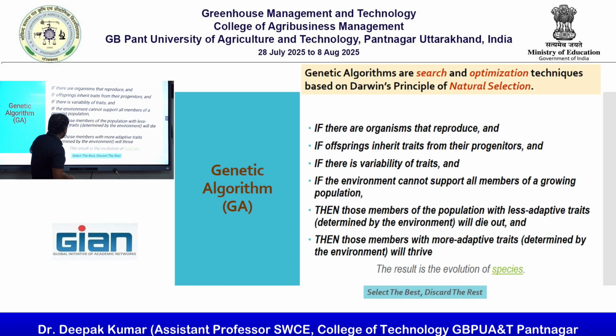Then इसका result क्या होगा? Then those members with more adaptive traits, है ना, will thrive, isn't it?